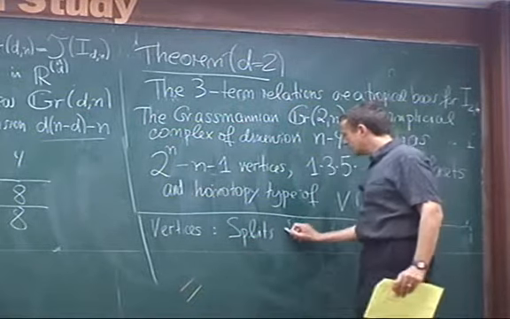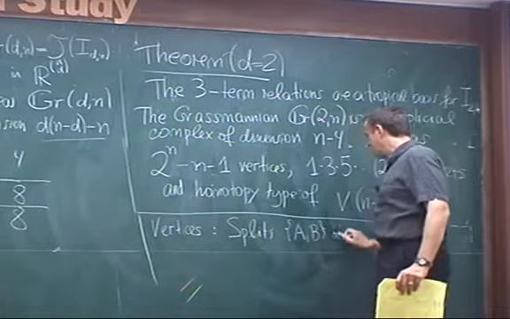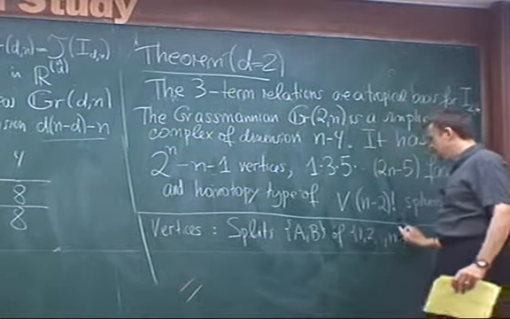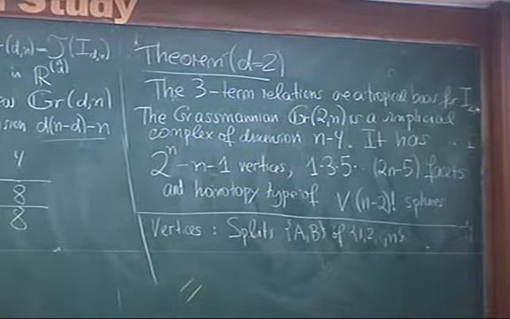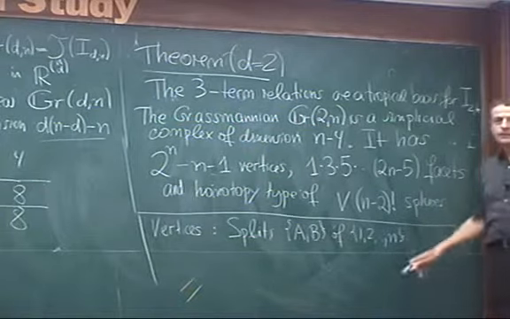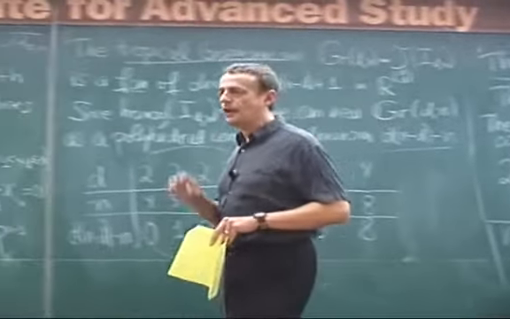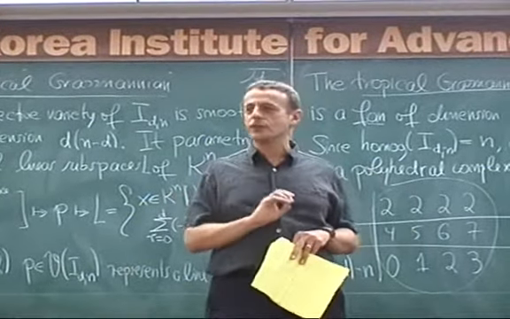A split is an unordered pair A, B of the index set 1 up to n, an unordered pair of non-empty disjoint subsets whose union is everything. So if we have a finite set, by a split I simply mean an unordered partition into 2 sets, both of which are non-empty.